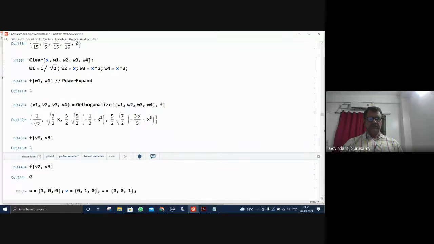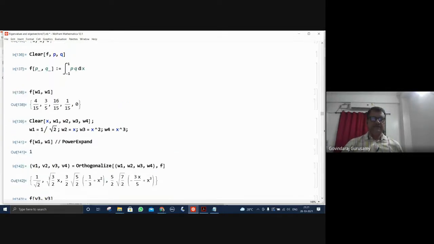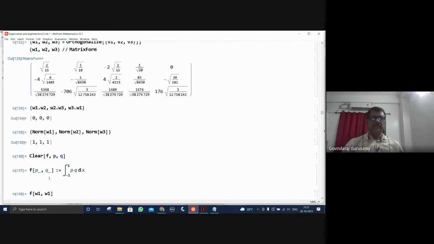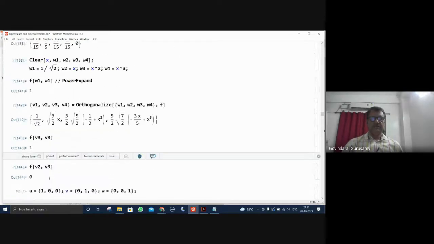For example, v3 with v3 comes 1, v1 with v1 is 1, similarly v4 with v4 and v5 with v5. If I change any numbers here, then it goes to 0, which satisfies the orthogonal pair, meaning the axes are mutually perpendicular. This is very difficult for us to visualize for vectors of more than 3 dimensions, but you do have functions which satisfy the orthogonality properties.